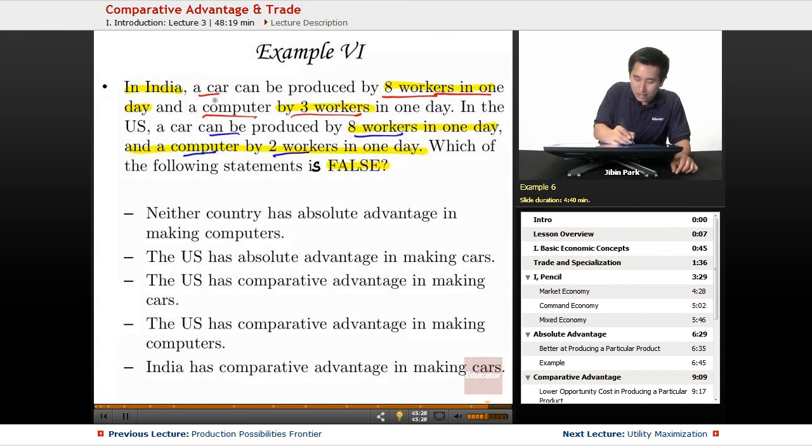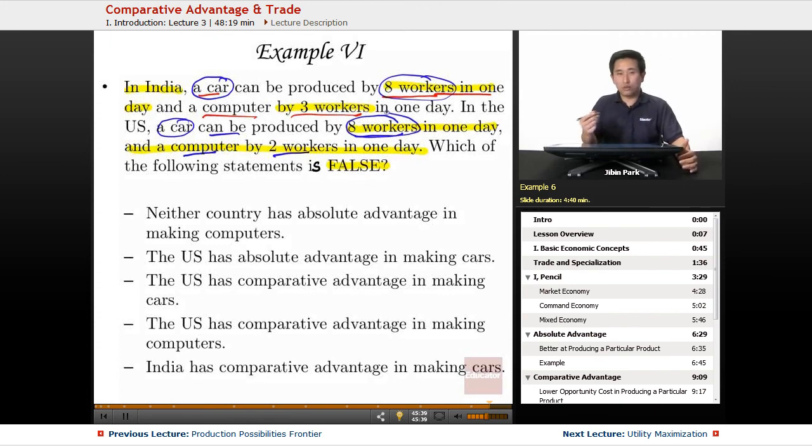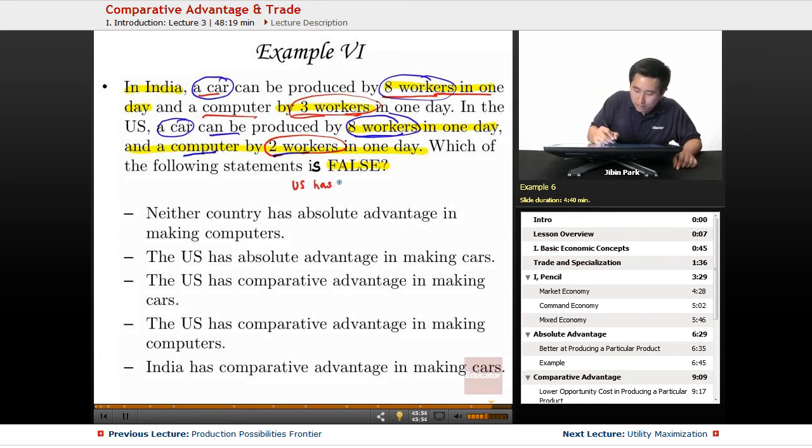So what you see here is that in India, a car requires 8 workers, and in the US, a car also uses 8 workers. So they're equal. So the production is equal, and assuming the quality is the same, then you have a tie here. What's interesting is that in India, a computer requires 3 workers, whereas in the United States, it only requires 2 workers. So right there, you stop. The US has a comparative advantage in making computers.